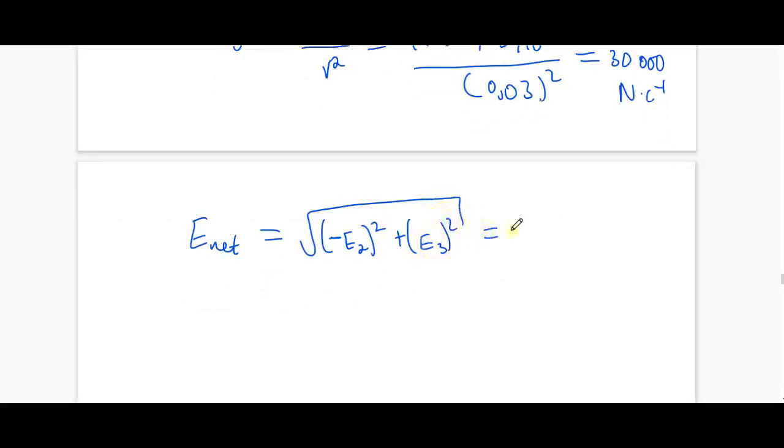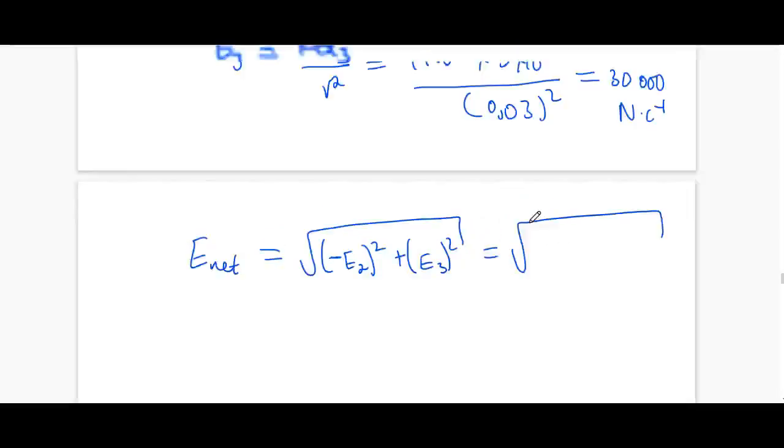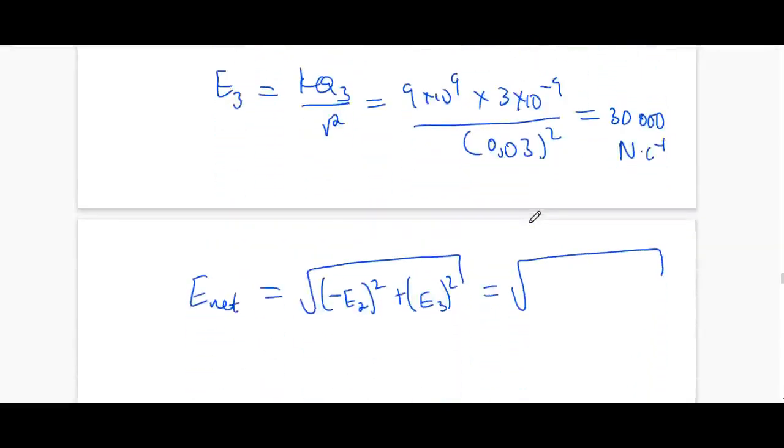E2 is 21 times 10 to the power 3, and E3 is 30 times 10 to the power 3, all squared.